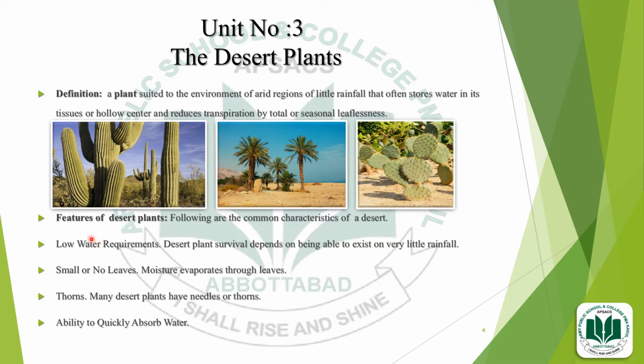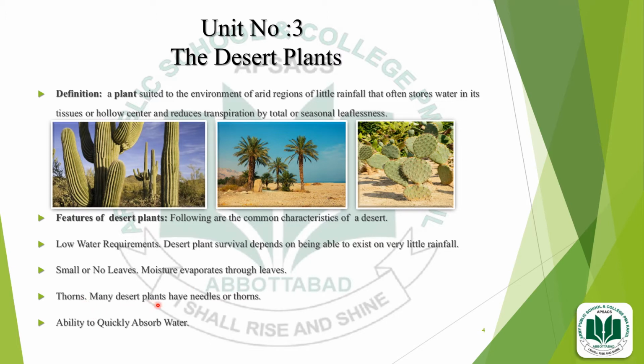First of all, low water requirement. Desert plant survival depends on being able to exist on very little rainfall. Small or no leaves. Moisture evaporates through leaves. Thorns. Many desert plants have needles or thorns.